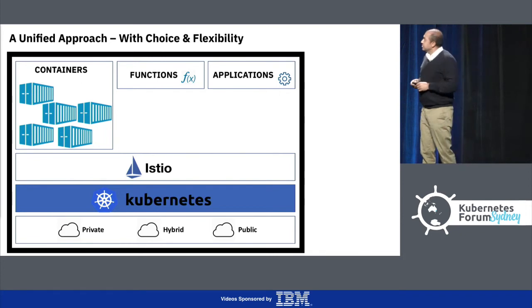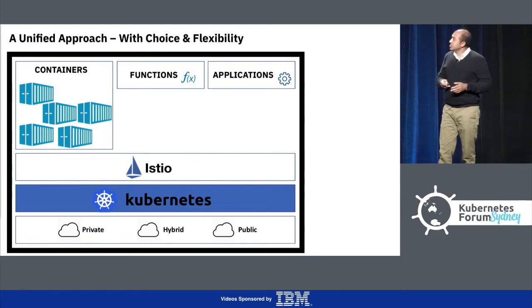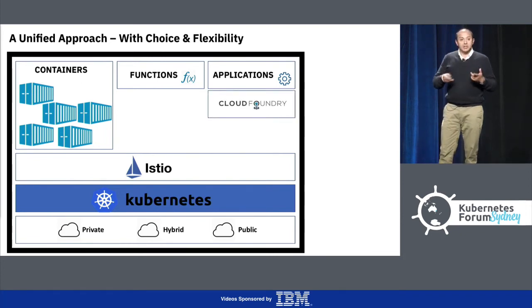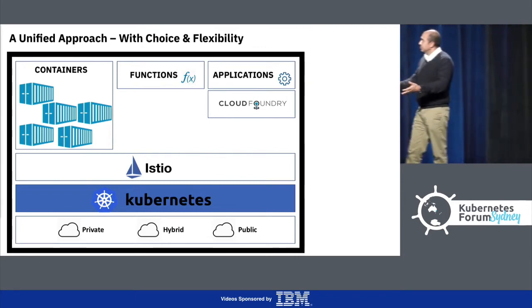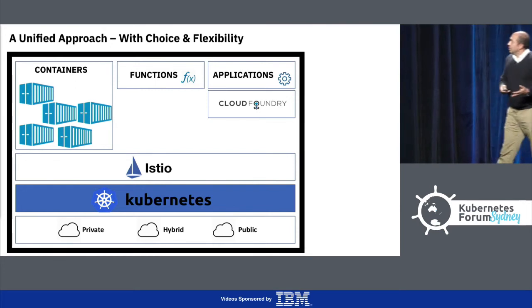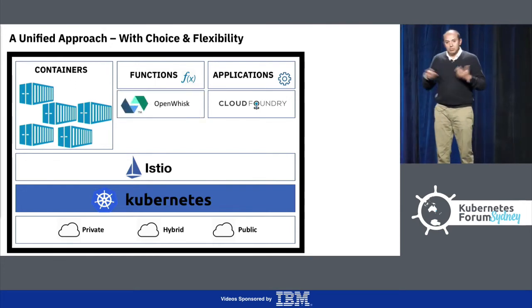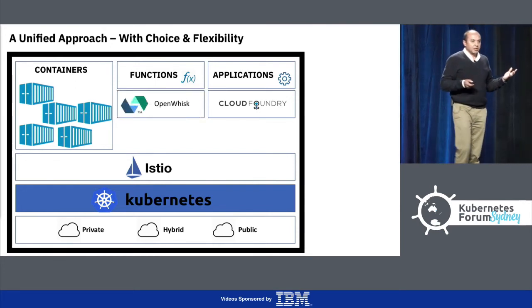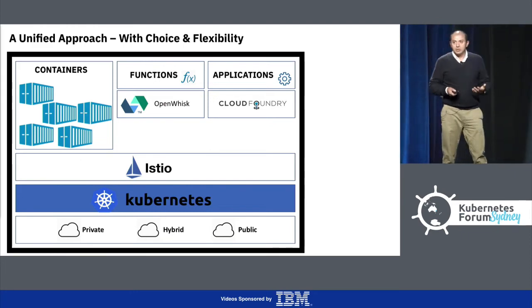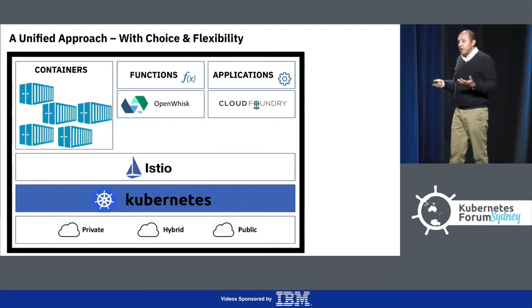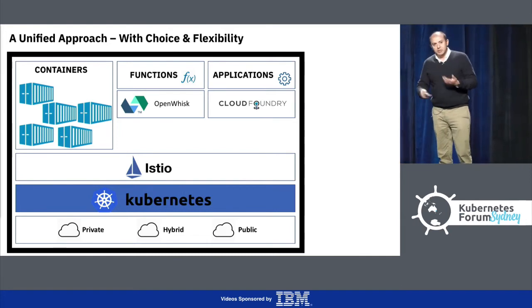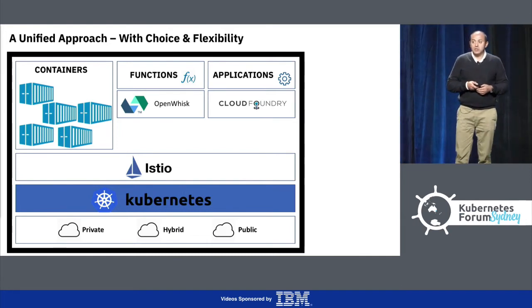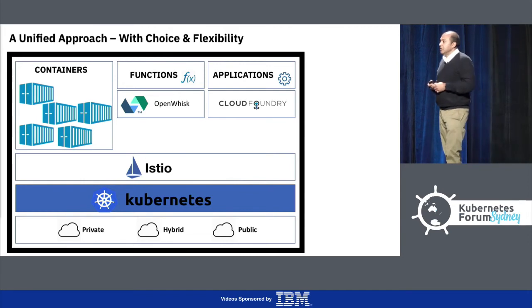If I look at applications, yes, you've got CloudFoundry, and what we're starting to see now is CloudFoundry itself running in Kubernetes. If I look at the functions, there are so many technologies out there for cloud functions. Things like OpenWhisk. Pretty much every cloud provider has its view and version of cloud functions, but it's pretty fragmented in how they go about that. And there's a lot of open source technologies in how they can deliver cloud functions as well.